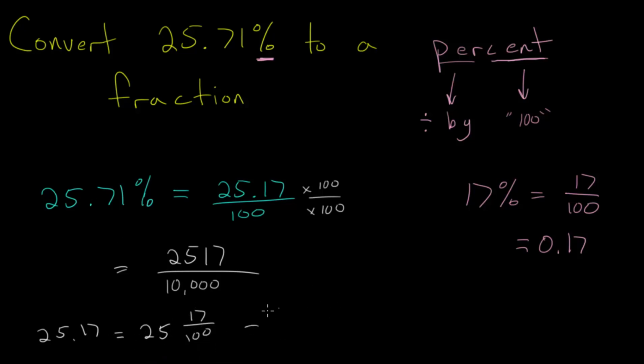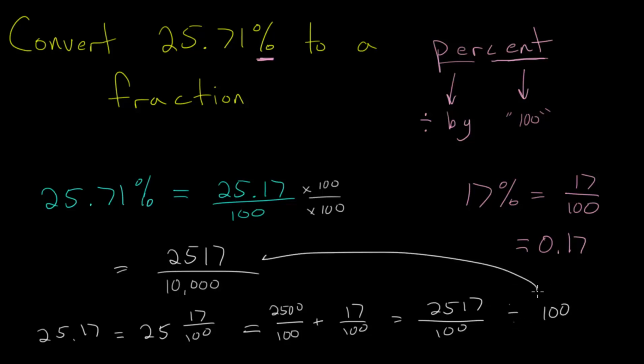So we have 25 plus 17 over 100, and we'll need a denominator of 100. So multiplying top and bottom of 25 by 100, we'd have 100 in the denominator and 2,500 in the numerator. So this just becomes 2517 over 100, and then we'll divide all of that by 100 to get our final answer here.